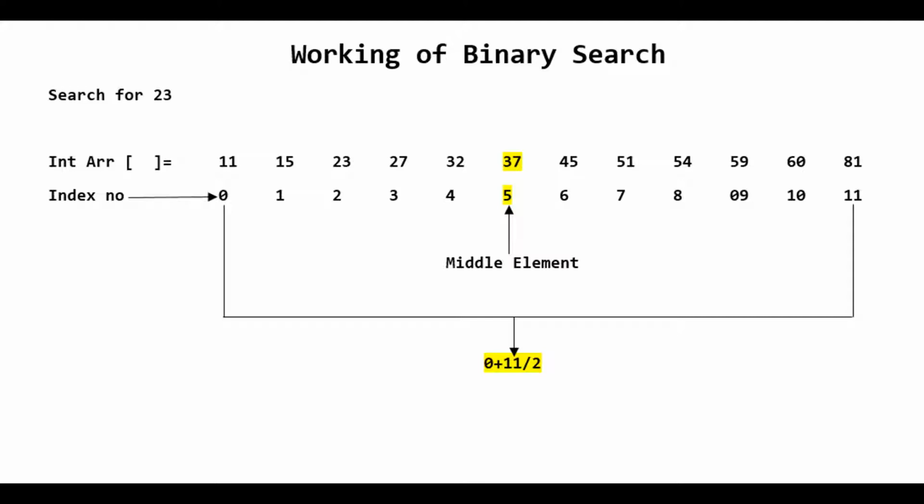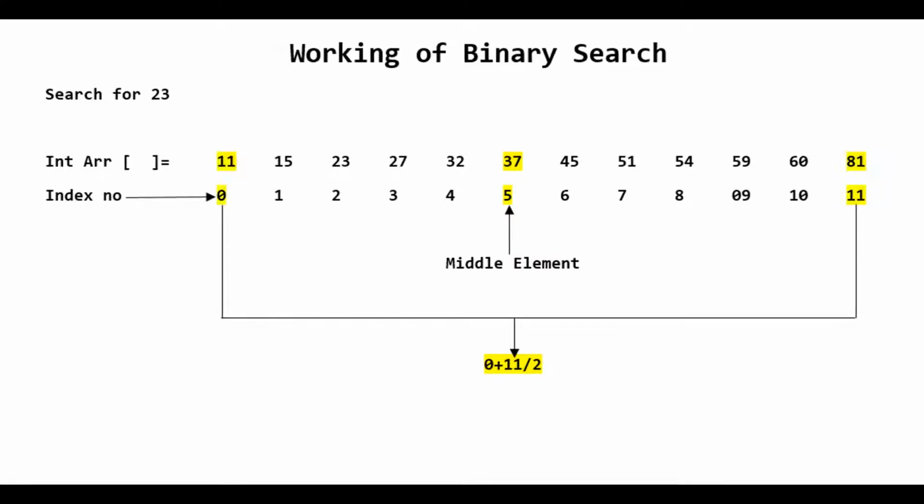We will take the first index and the last index, add both and divide by 2. We will get the mean of that calculation, so that is the middle index. For your better understanding, I have marked the first index, last index, and even the middle index with colors. Please follow the colors also so that it will be easy for you to understand for the first time.